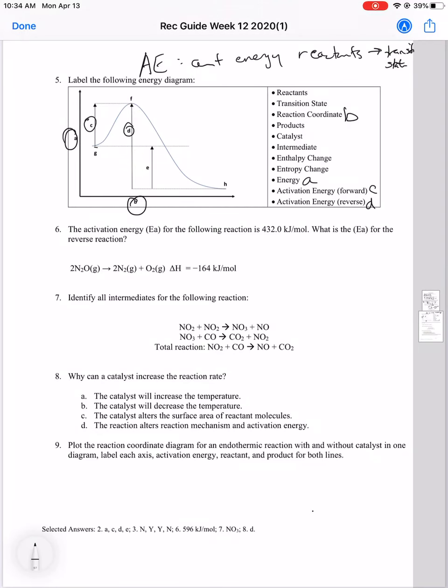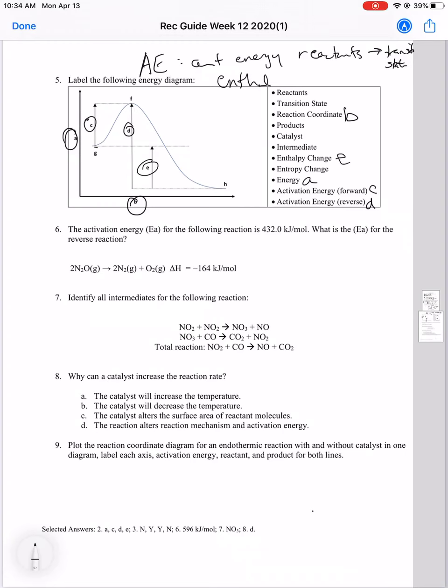E, let's see, where's E? So E here, again, whether you're going in the forward or the reverse direction, remember, you have the activation energy, and you also have the change in energy between the reactants and products, and that's the enthalpy. So that's E.